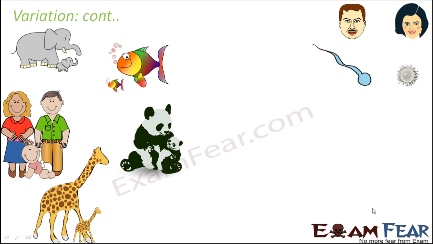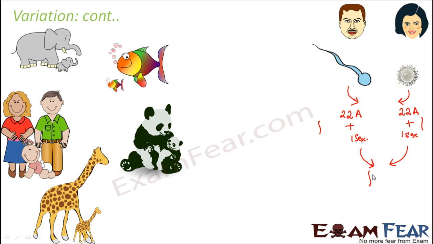When sexual reproduction happens, the sperm and the ovum or the egg both fuse together. Sperms have 23 chromosomes, that is 22 autosomes plus 1 sex chromosome. Similarly, the egg will also have 22 autosomes plus 1 sex chromosome. These two combine with each other to form the zygote, which will later form the offspring. For each of these 22 pairs of autosomes, these two sets of chromosomes combine as the pair of homologous chromosomes.